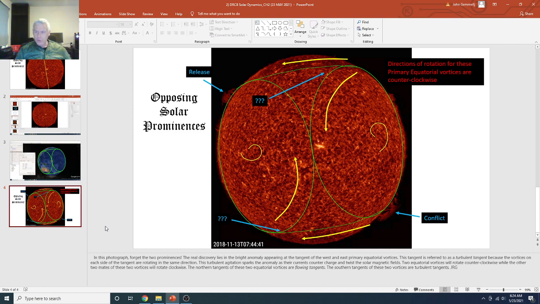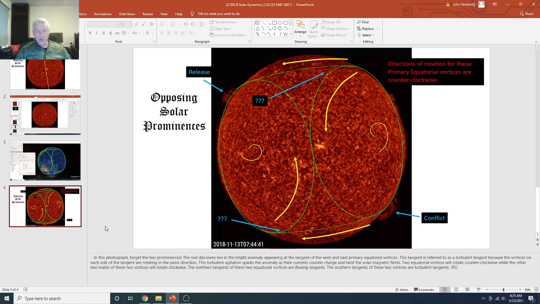This tangent is referred to as a turbulent tangent because the vortices on each side of the tangent are rotating in the same direction. This turbulent agitation sparks the anomaly as their currents countercharge and twist the solar magnetic fields. Two equatorial vortices will rotate counterclockwise, while the other two mates of these two vortices will rotate clockwise.